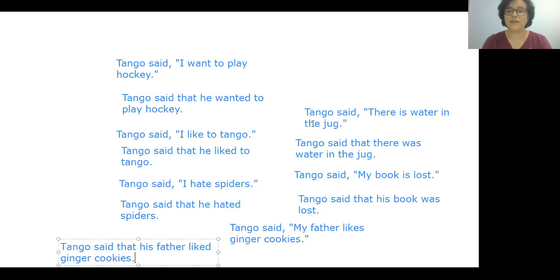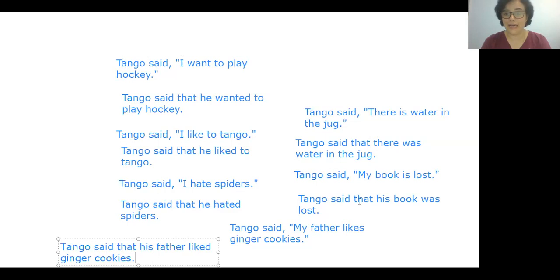Got it? The next one. Tango said, "There is water in the jug." Tango said that there was water in the jug. So what are the three words that are different? That, there, was. Okay, and no speech marks, no comma. Tango said, "My book is lost." What are the changes here?